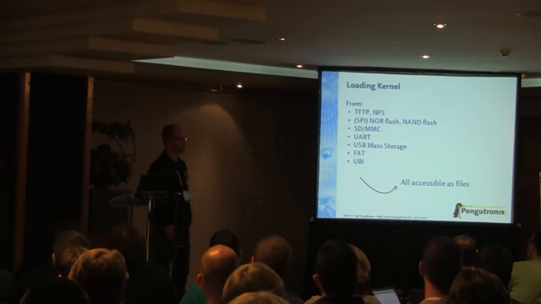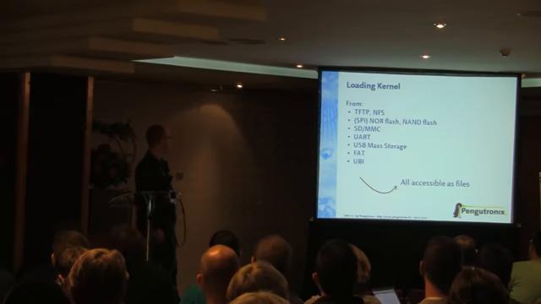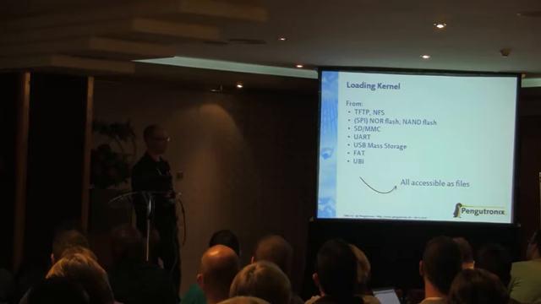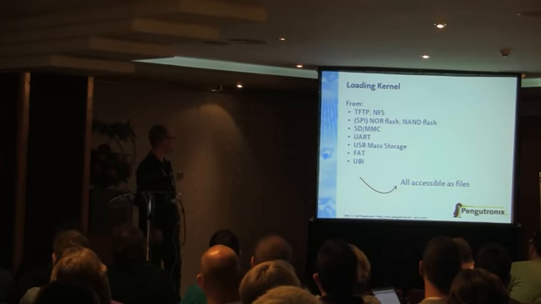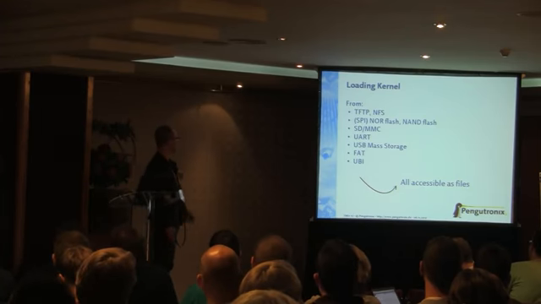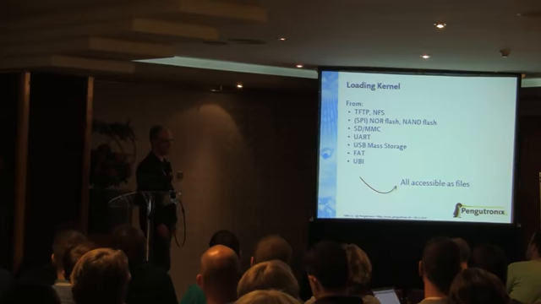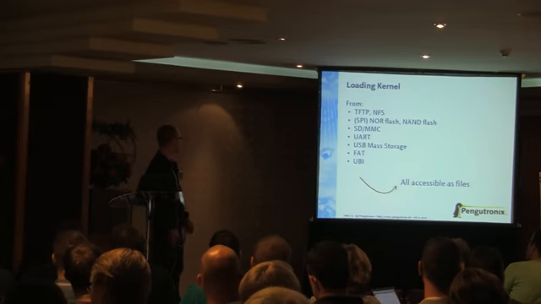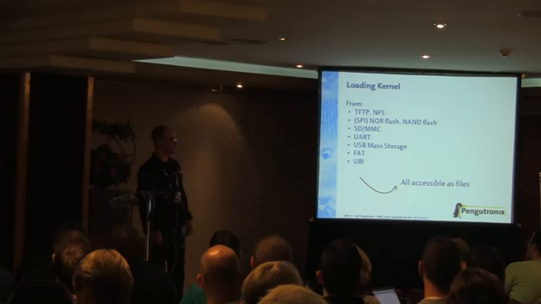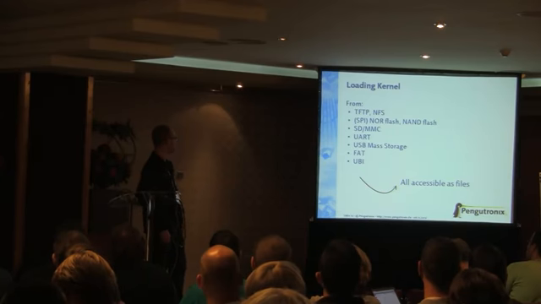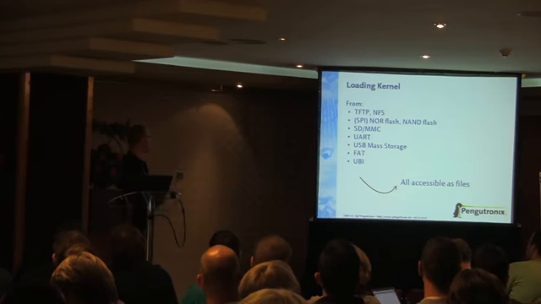Several types of flashes, SD, MMC. There's kermit or Y-modem support for UART, USB mass storage devices, and also some file systems like FAT. UBI is not really a file system, but something like a logical volume manager for flashes. We have support for that as well.